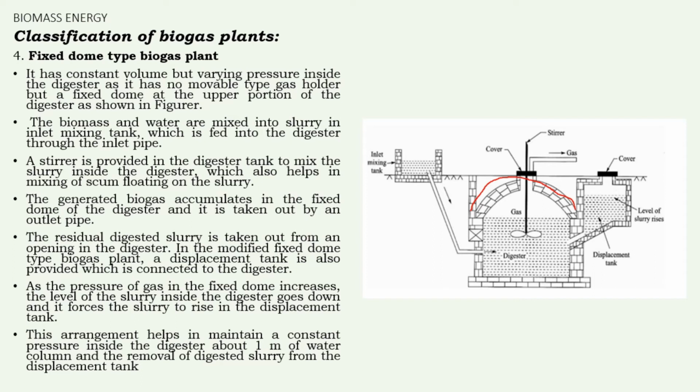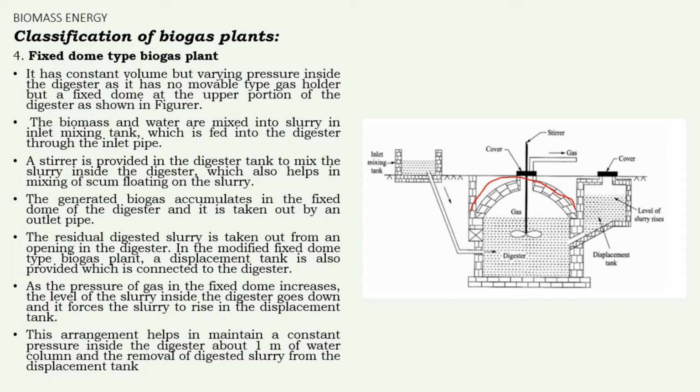The difference between this and that is that there we have a floating dome where the gas is collected, and here the dome is fixed. So it has a constant volume but varying pressure inside the digester, as it has no movable gas holder but a fixed dome at the upper portion of the digester, as you can see from the sketch.